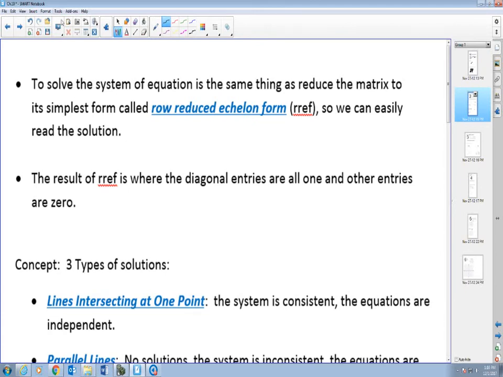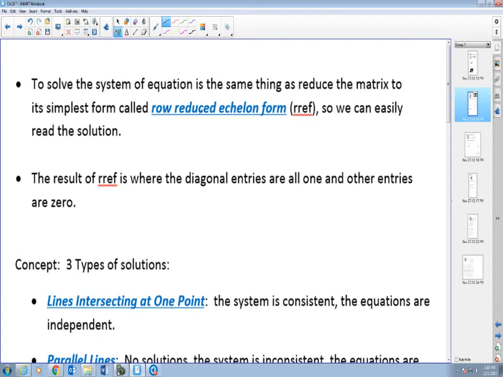Alright, so how can I use a matrix to help me solve a system of linear equations? To solve a system of linear equations is the same thing as reducing the matrix to its simplest form. That's called the row reduced echelon form, RREF. Once we write them in that form, we can easily read the solution.